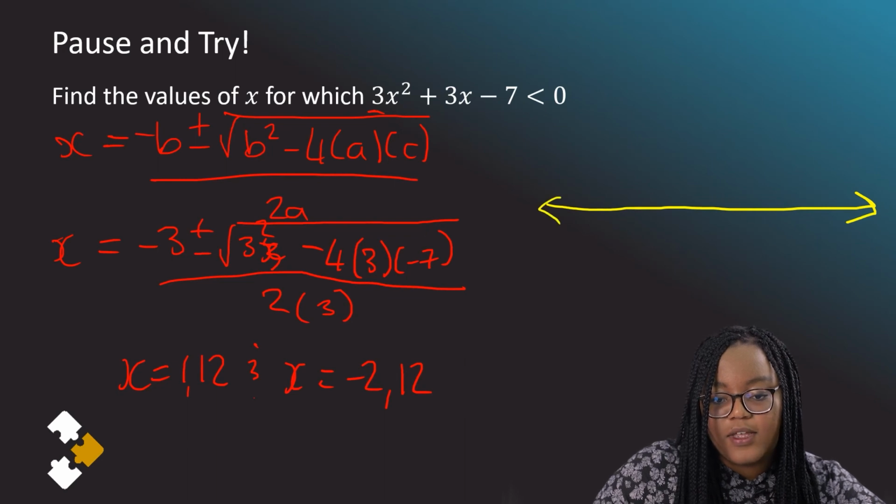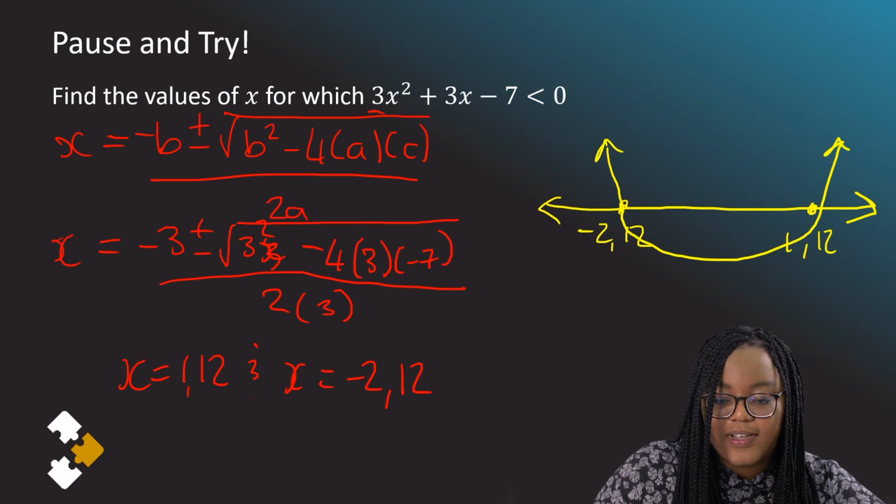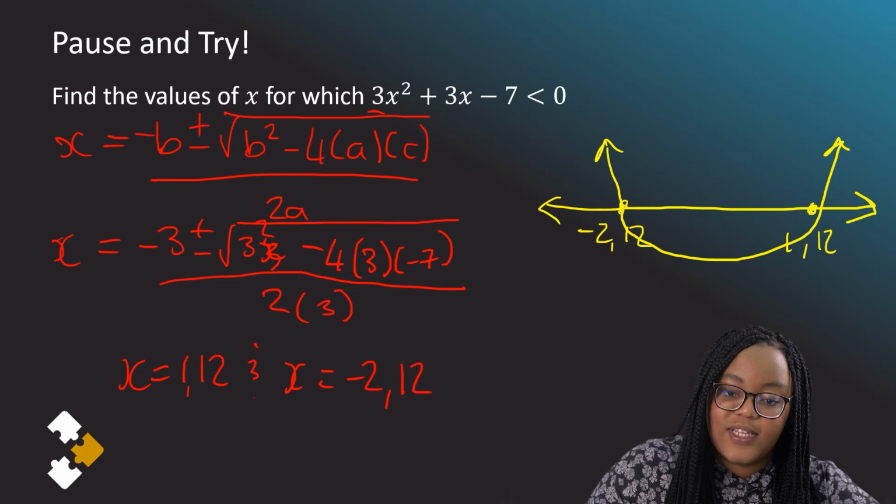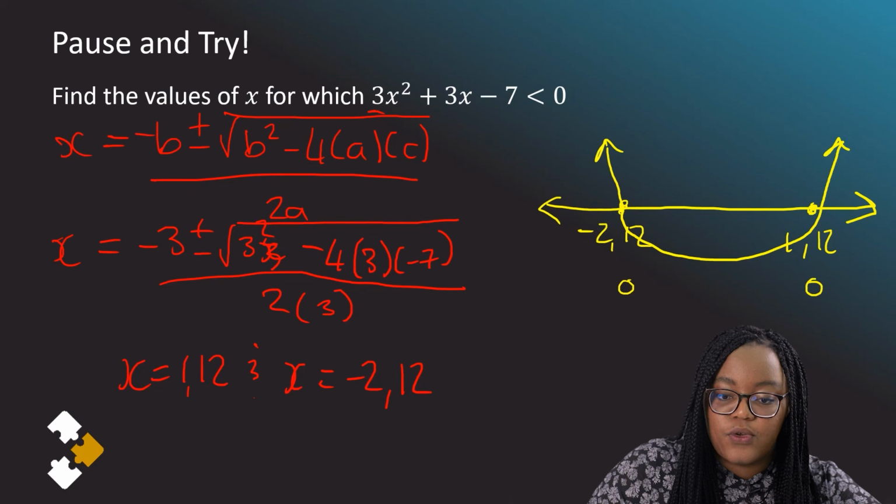In this number line, you have your negative 2.1 and you have your value of 1.1. And this is our parabola. You can see that it's a smiley parabola, and as we're looking for values that are less than 0, it's going to be everything between these two points.